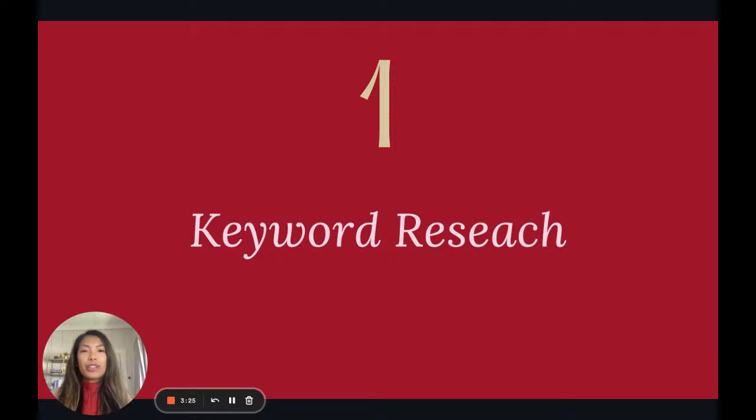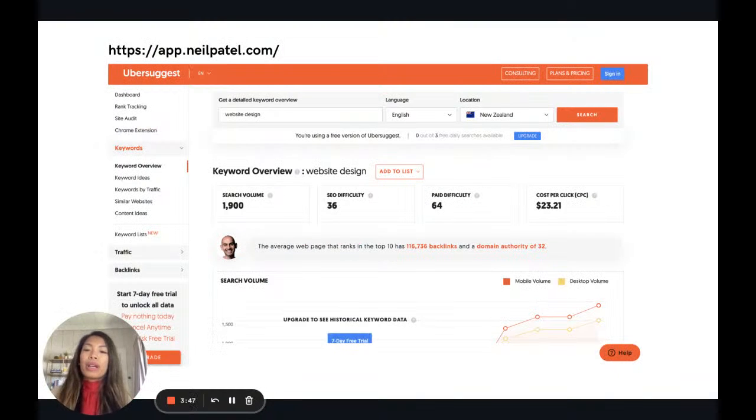In your industry, you have to think of, if you're a photographer, you want to be using photography. But another thing that you want to think about is long phrase keywords that's going to give you the leverage to be found. One tool that I will recommend is the Neil Patel Ubersuggest.